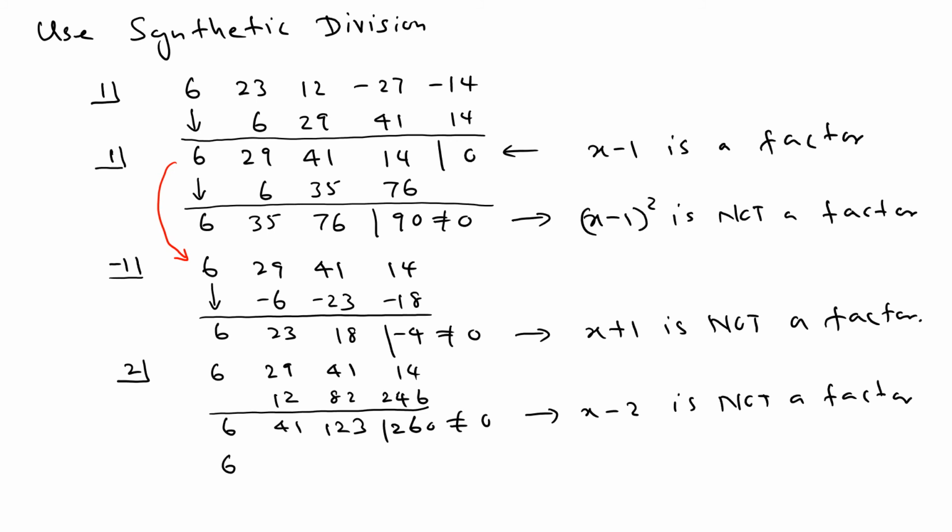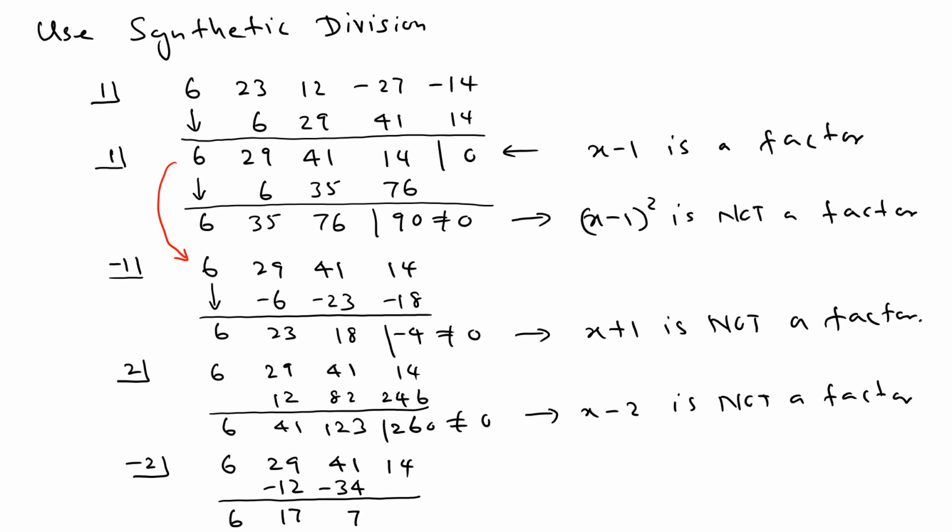So 6, 29, 41, 14. So go with -2. So 6, copy here. You get -12. When you add, you get 17. And multiply, you get -34.